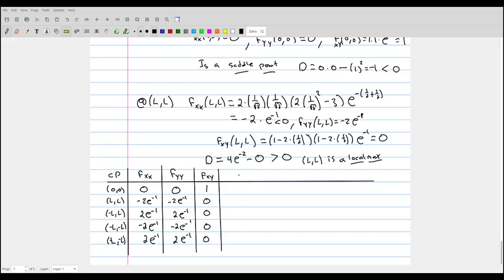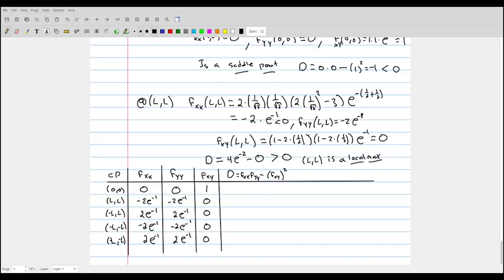And then lastly, you have a column for D, which is the discriminant, or fxx times fyy minus fxy squared.